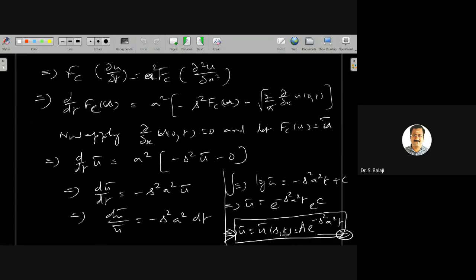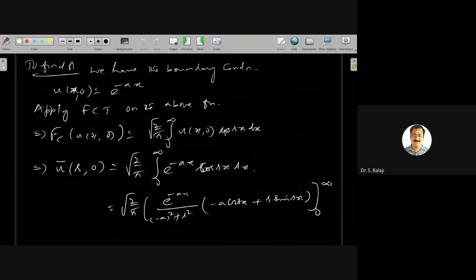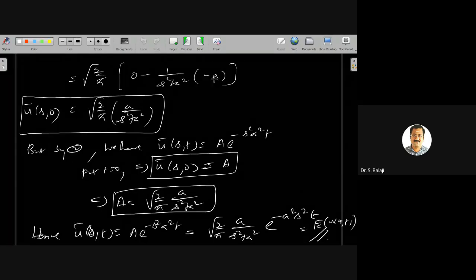I put t equal to 0 here, so u bar s comma 0 equals A. It is also u bar s comma 0, so both are A.